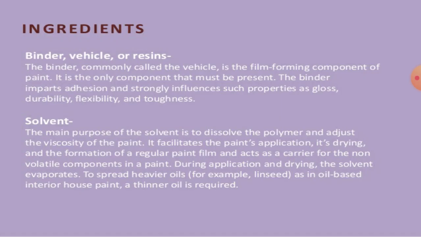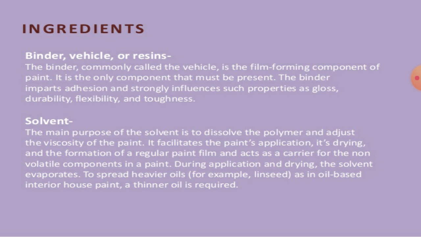Then ingredients for the paints are binder, vehicles, resins, and some commonly used solvents are also here. The main purpose of the solvent is to dissolve the polymer and adjust the viscosity of the paint.